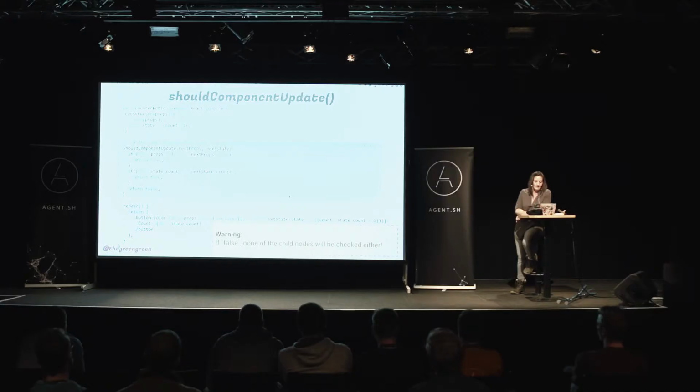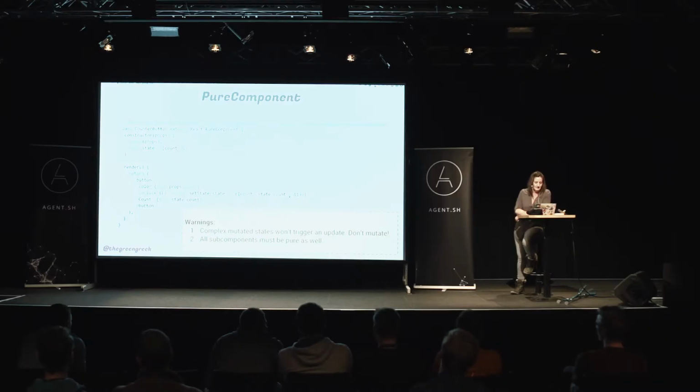In most cases, we're checking all props and state, so there's actually an easier way to do this. This is the exact same example, but instead I'm just inheriting from PureComponent instead of Component. For both of these, you do need to be careful because it will affect your child components, and it won't trigger updates for those as well. So definitely be careful how you use these things, and don't bother with them until you actually have an issue.